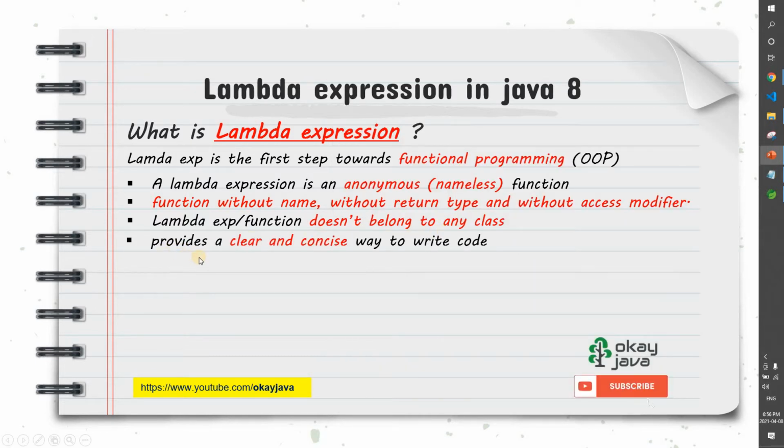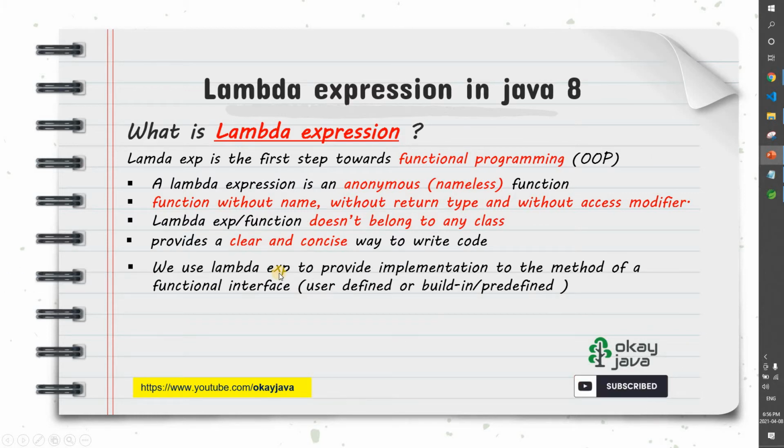Lambda expression provides a clear and concise way to write code. That again I will explain in the code itself. One very important point: we use lambda expression to provide implementation to the method of a functional interface. Either you can create your own functional interface or you can use a built-in or predefined functional interface.